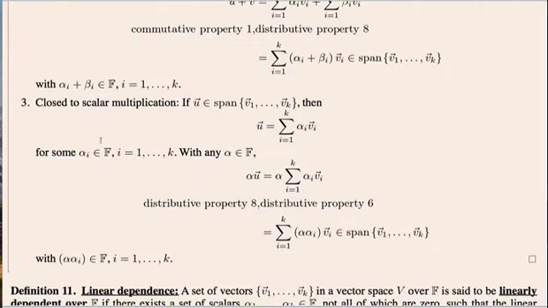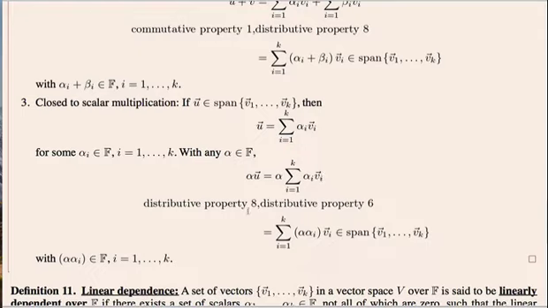Then the third property is that it's closed under scalar multiplication. For that, we choose an arbitrary u from the span. That means u can be written as the sum as i goes from 1 to k of alpha_i v_i for some scalars alpha_i. And then for any scalar alpha, we look at how alpha times u looks. That has the form alpha times the sum of alpha_i v_i.